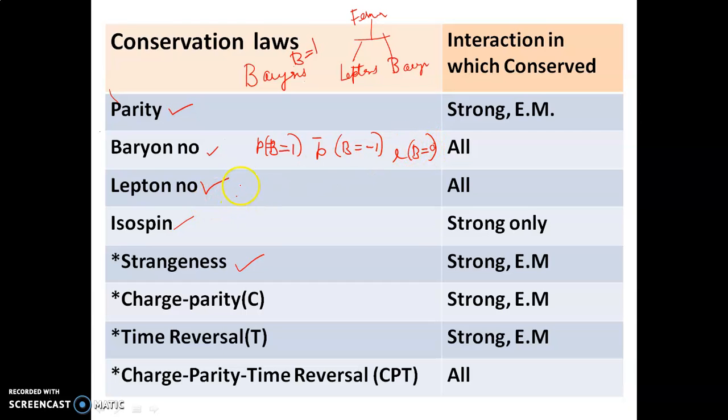Now what about lepton number? Lepton is the same story. For leptons it has a value of 1, and for non-leptons it has a value of 0. For anti-leptons it has a value of -1.